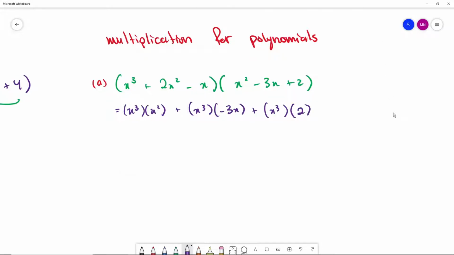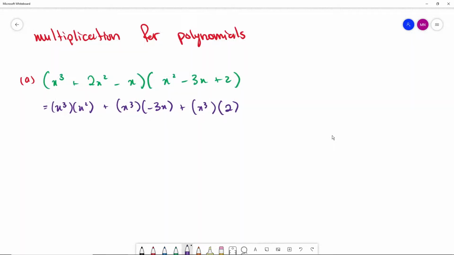That is for the multiplication between x cubed and x squared, negative 3x and 2.